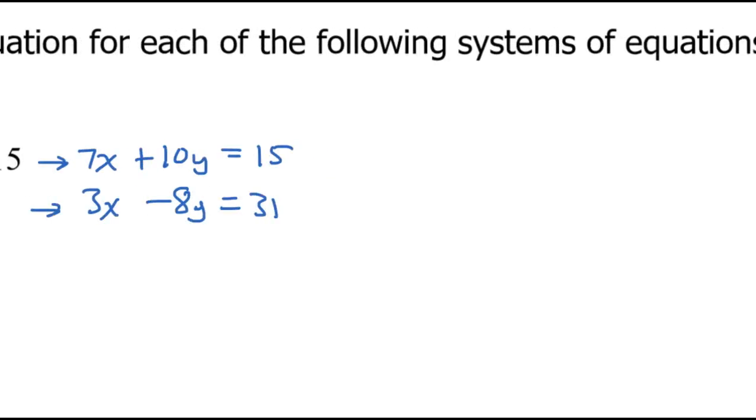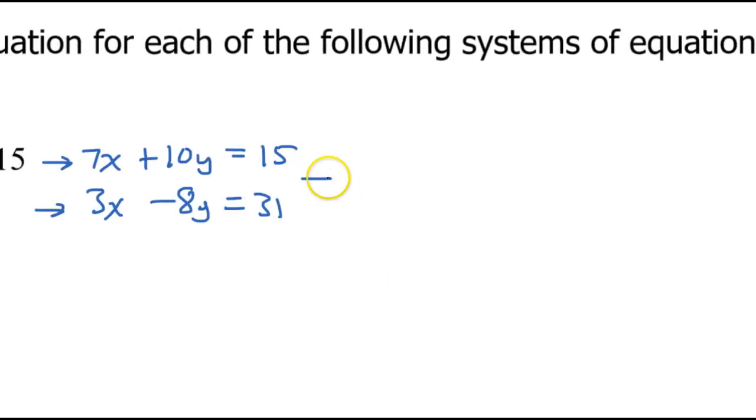Now I can rewrite this as a matrix equation by writing 7, 10, 3, -8. All right, I'm making a matrix out of the coefficients of the left side.